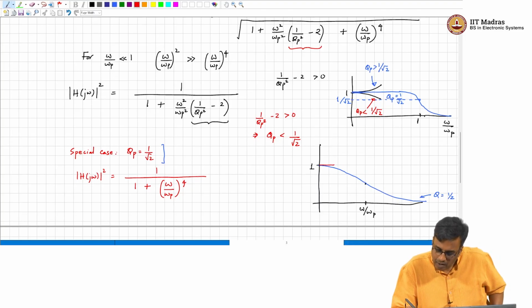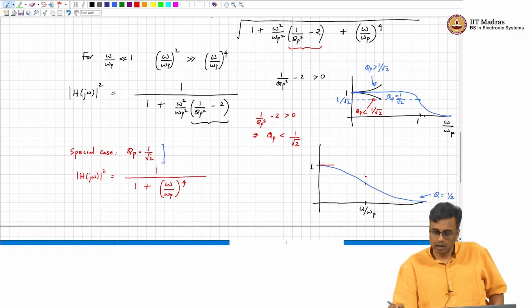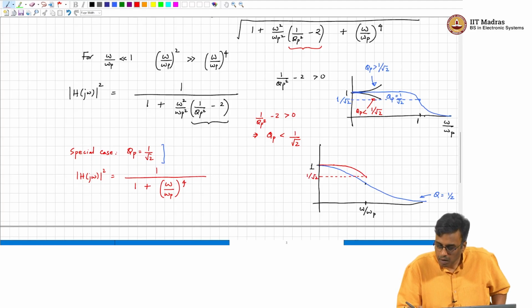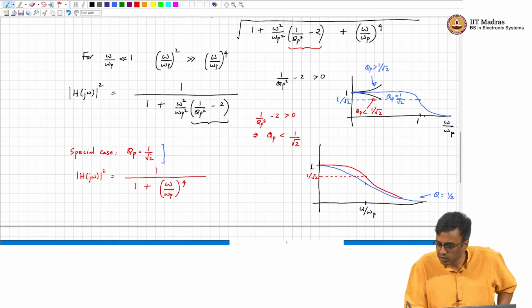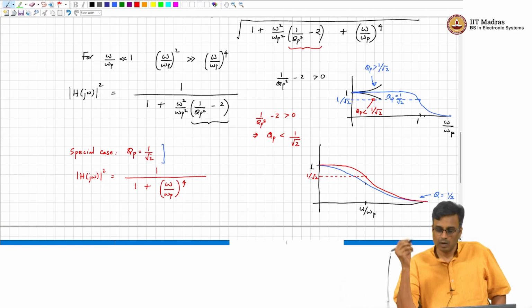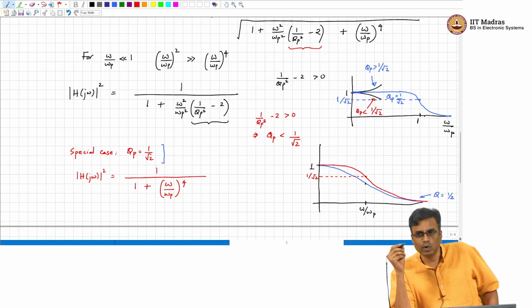And at omega by omega p equal to 1, the magnitude response is 1 by root 2. Eventually this must also go to 0, correct?